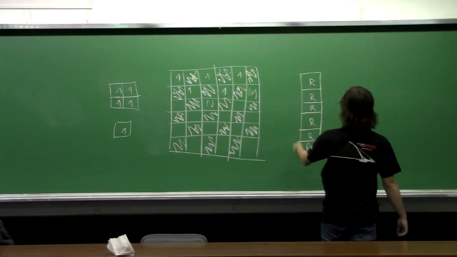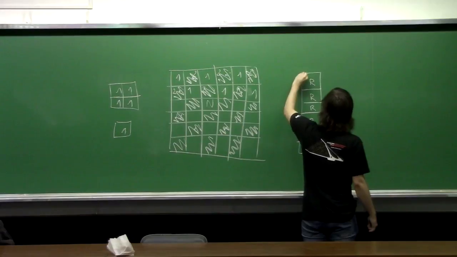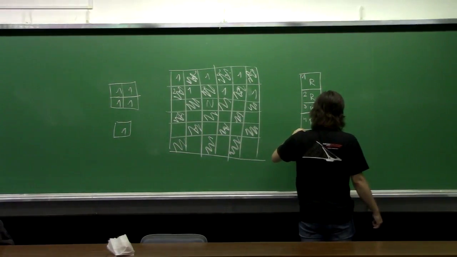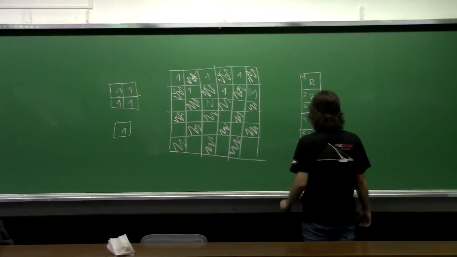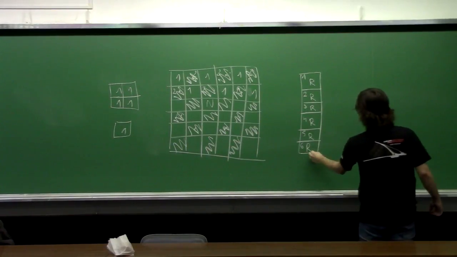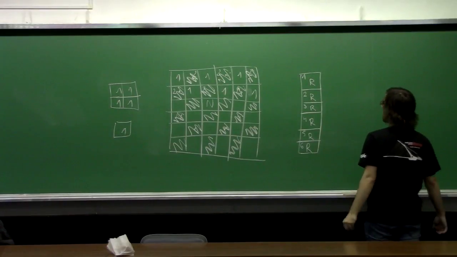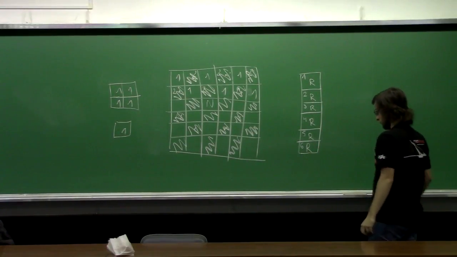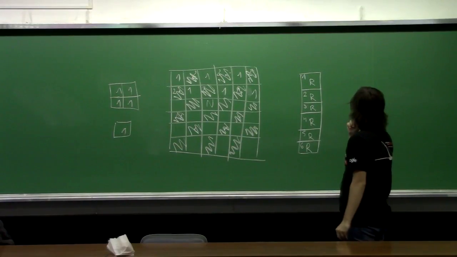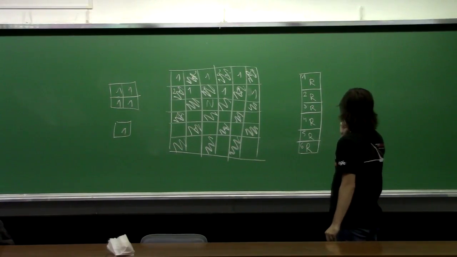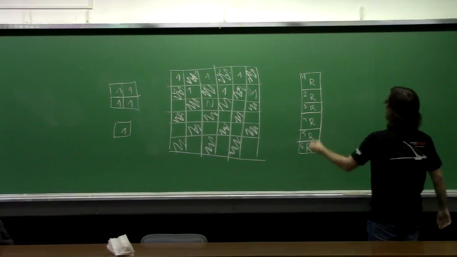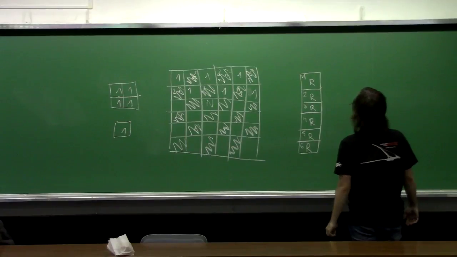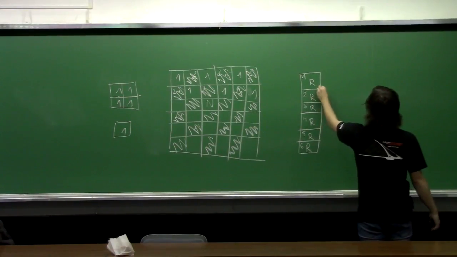So for this case, where S is equal to 6, then the teams can be split like this. And then it can be shown that these are sufficient.